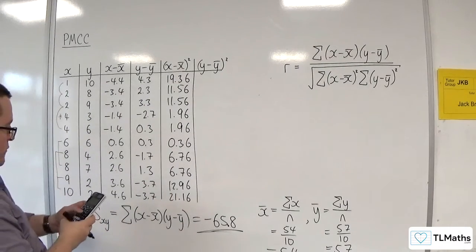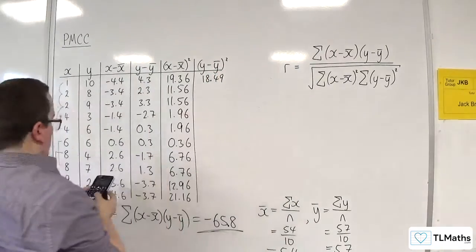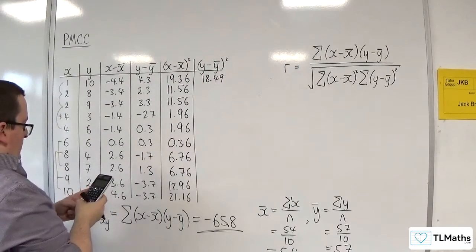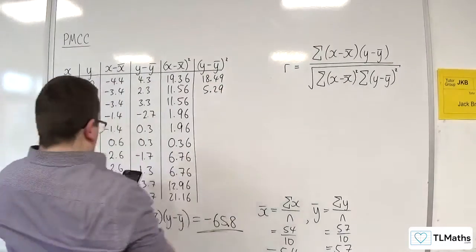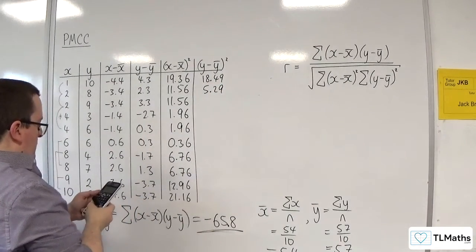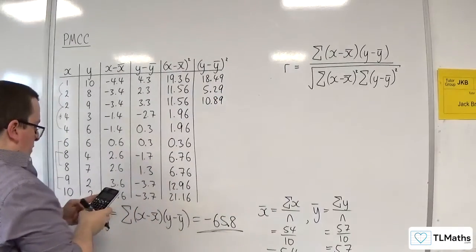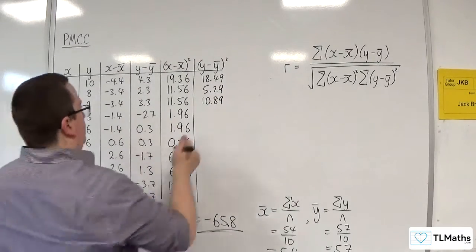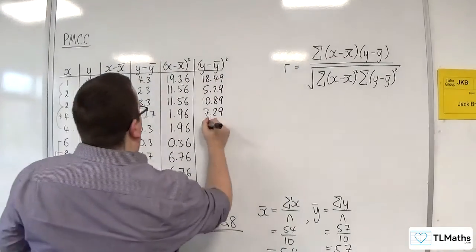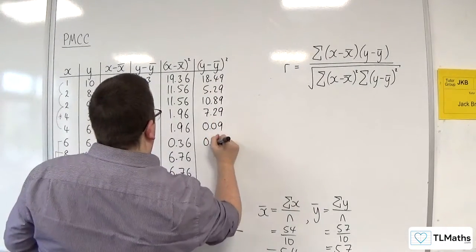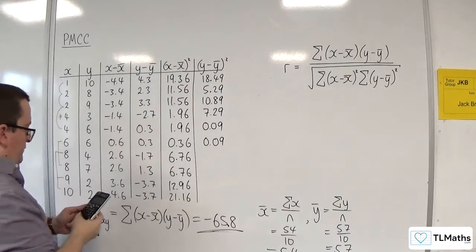Okay, then we've got 4.3 squared, 18.49, 2.3 squared, 3.3 squared, minus 2.7 squared, that'd be 0.09, 0.09, 1.7 squared.